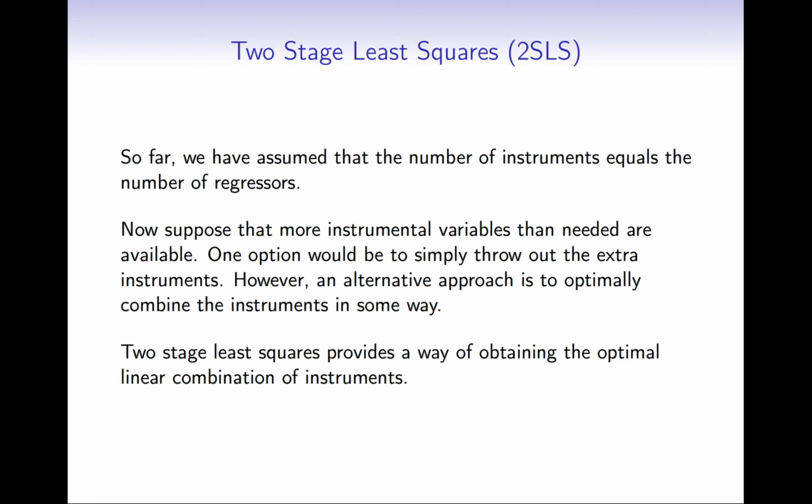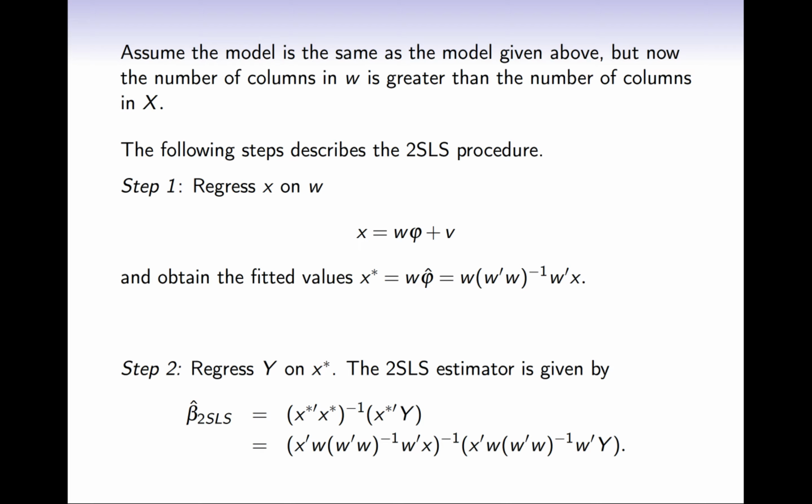So let me describe exactly how this works. In the first stage, you regress your x on the set of instruments. Your model could have more than one x. If you have more than one x, then you regress all of your x's, so if you had 10 x's, you would be running 10 regressions, basically.